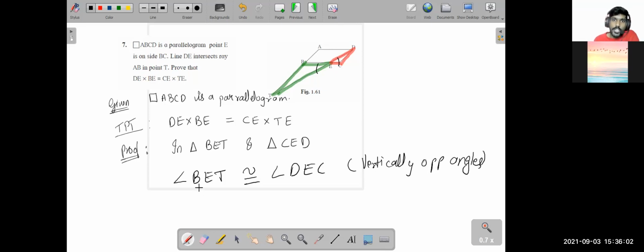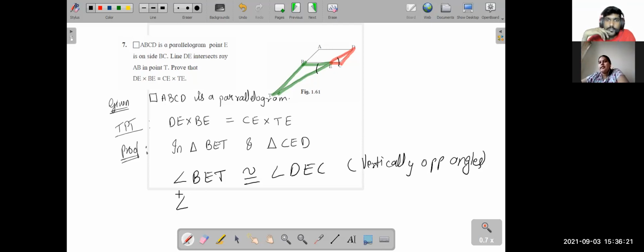Now, second, what can you see? Which two will be congruent to each other next? Can you see alternate angles forming?